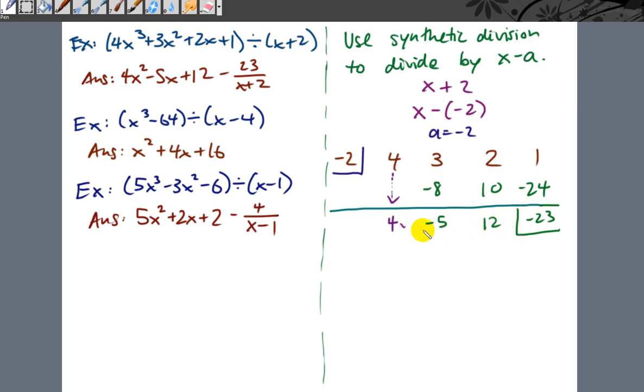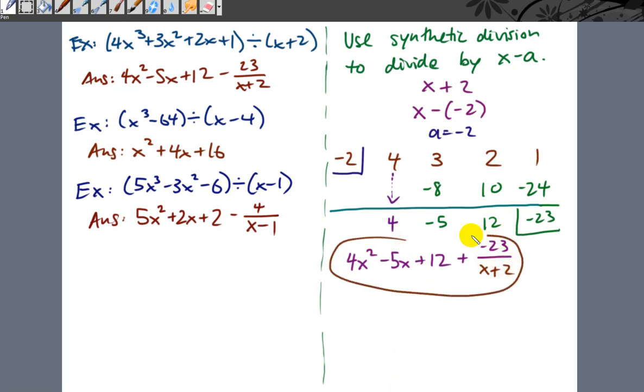When we write this out, we can write our quotient as 4x squared minus 5x plus 12, and then our remainder, so we add negative 23, and anytime we have a remainder, we make sure that we use the divisor that we started off with. So we use the divisor of x plus 2. And as you can see, this expression is the same as that one. That's pretty cool, right?